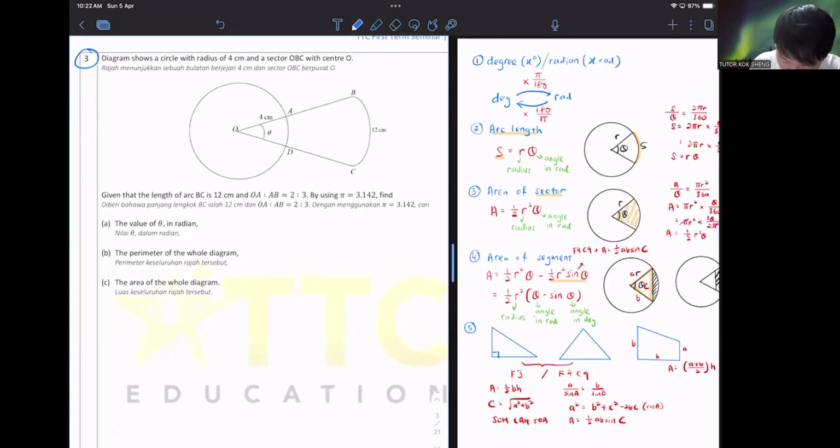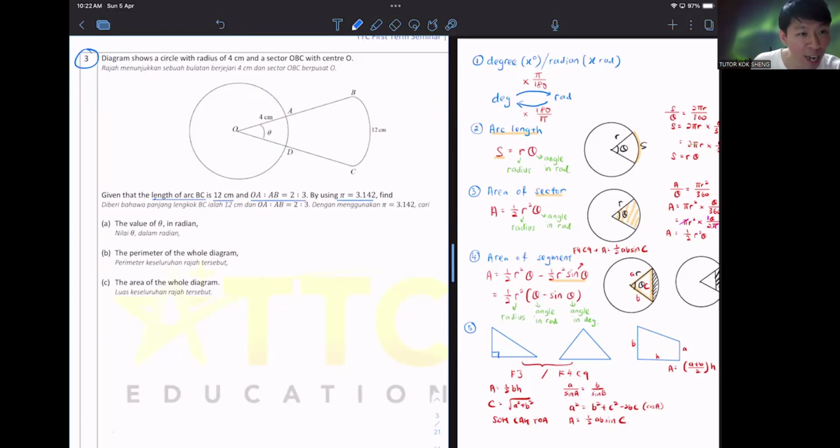Number three. The diagram shows a circle with radius 4 cm and a sector OBC with center O. So you can see there's a circle here and there's a sector here. The question gives the length of arc BC is 12, and OA to AB is the ratio 2:3, using pi 3.142.